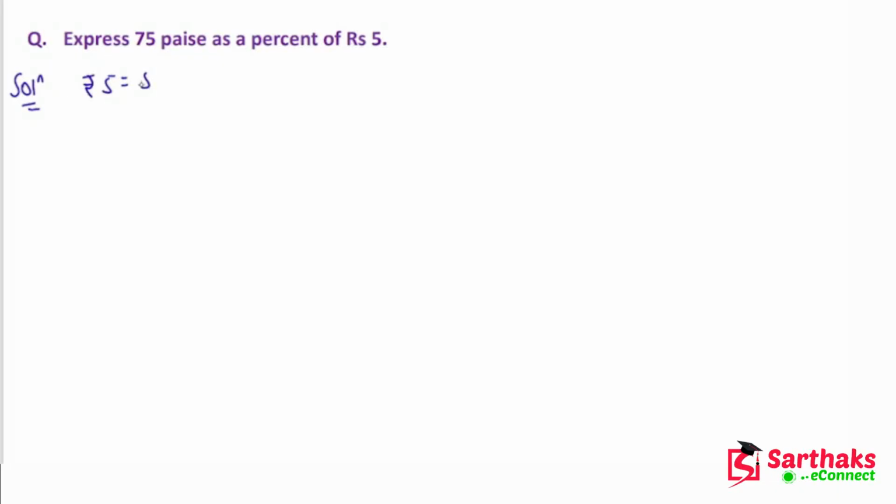We already know that 1 rupee is equal to 100 paise, so 5 rupees is equal to 500 paise.